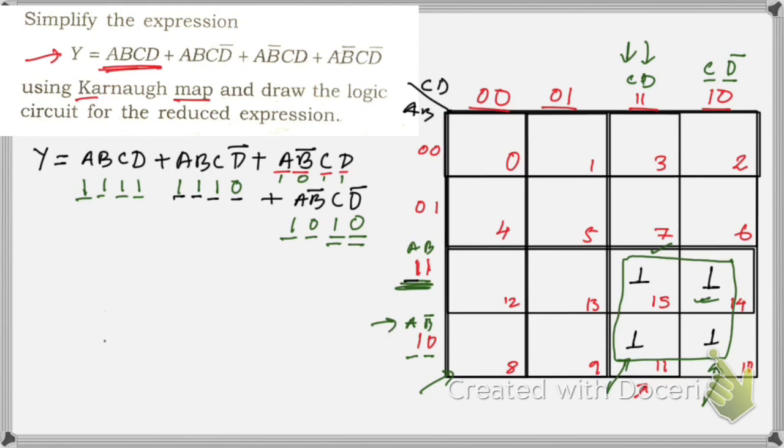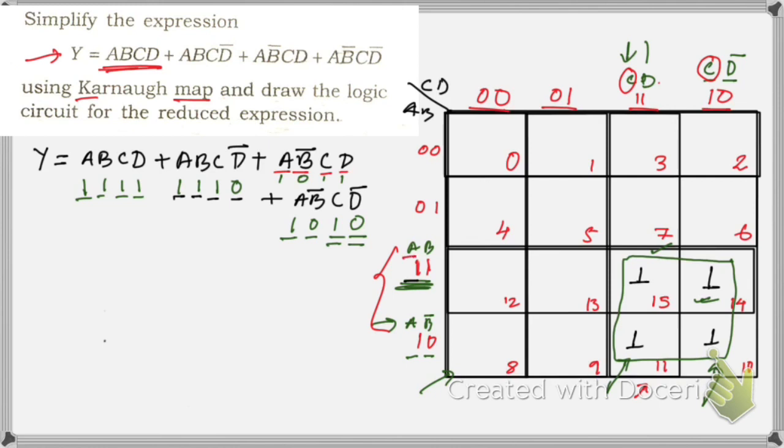So in these four terms, what have you seen common? Here is C, here is also C, but D is not common because here it is D and there is D complement, so eliminate these two. Then in these two you can see you have B and B complement, so we're not gonna take this.